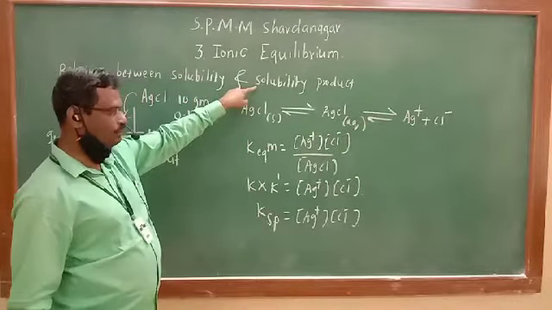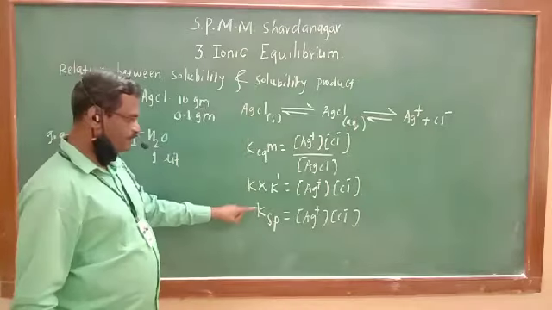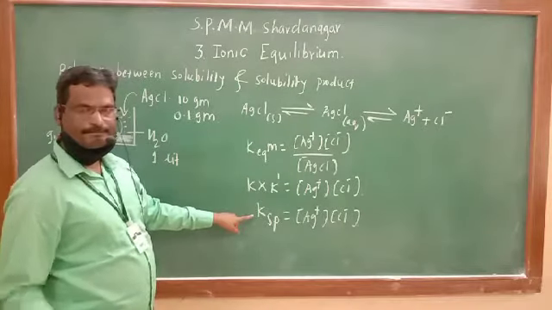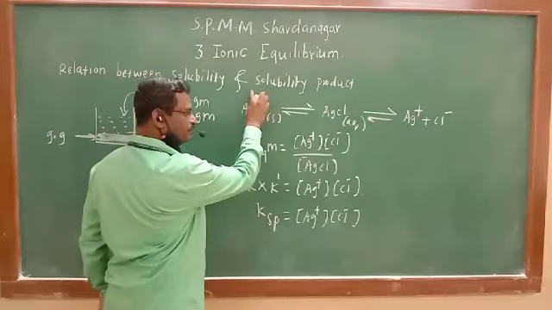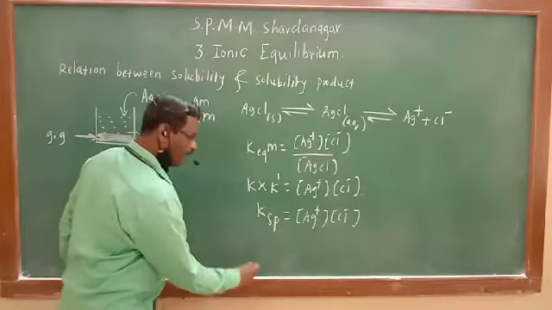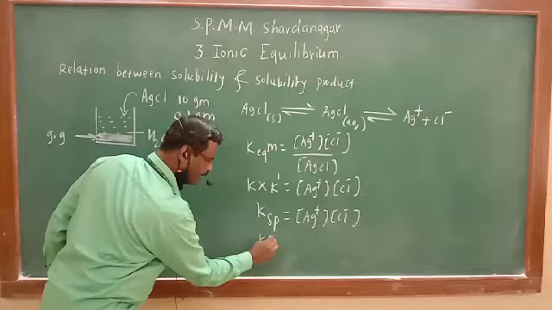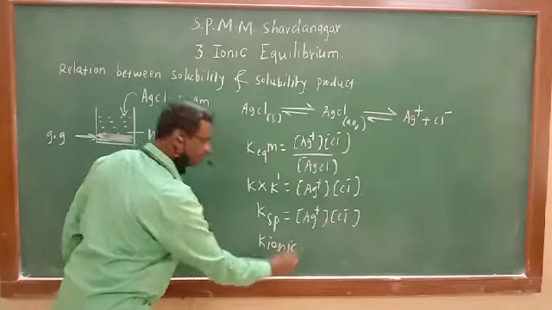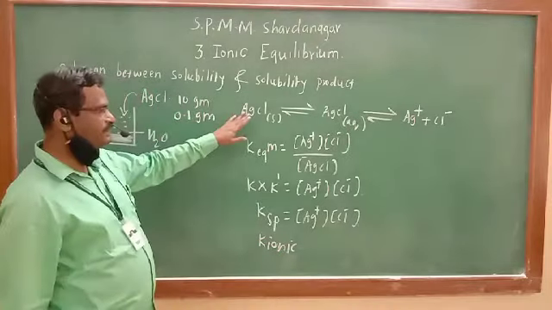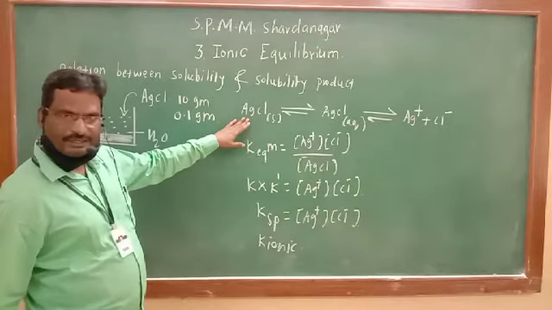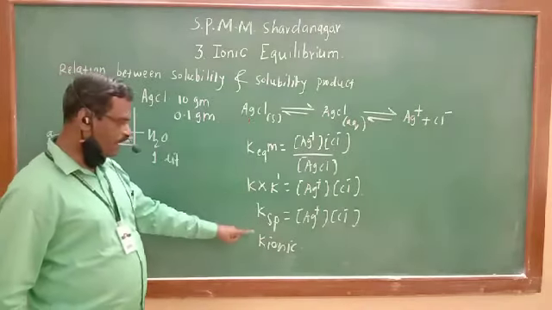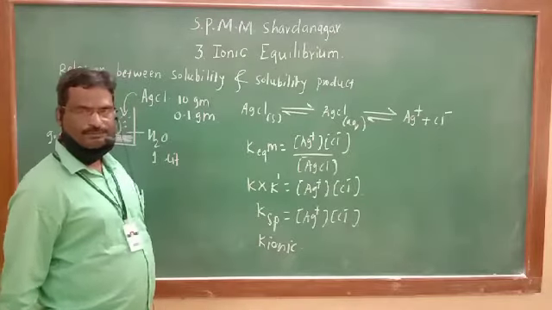So this is the KSP, and the initial concentration taken is known as the ionic product, K ionic. The concentration of AgCl taken at the start in the solid state is known as the ionic product.